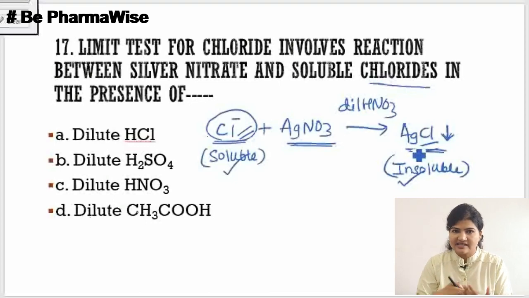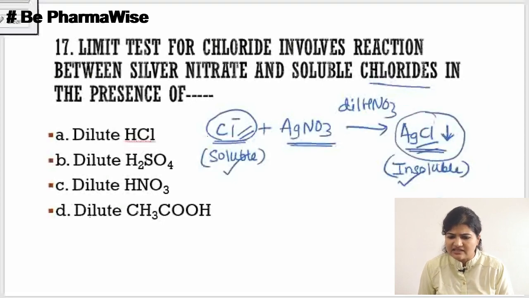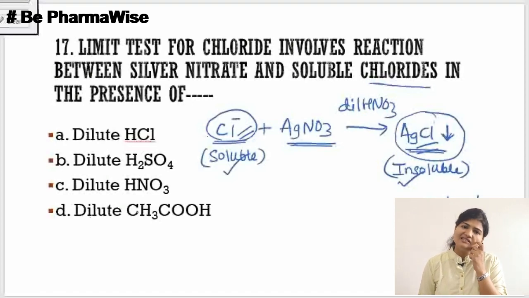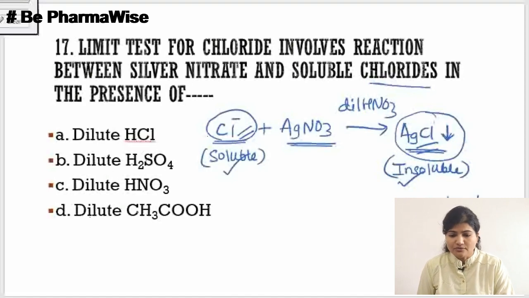If your opalescence is higher in intensity than the standard, then your chloride impurities were very high in concentration, so your sample fails the test. But if the opalescence of this test sample is less than the standard, suppose this is your standard, this is your test, and the opalescence produced in test is less intense than the standard one, then your sample passes the limit test. Okay, so this is the basic thing about the limit test.